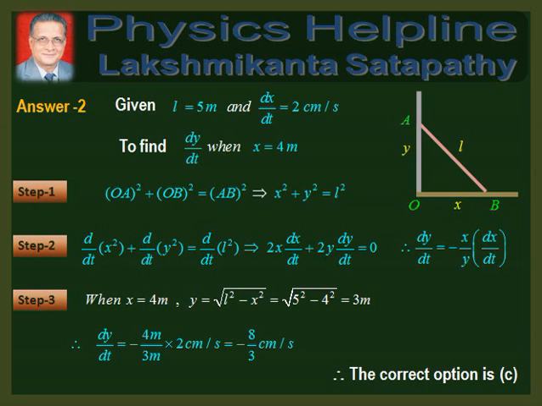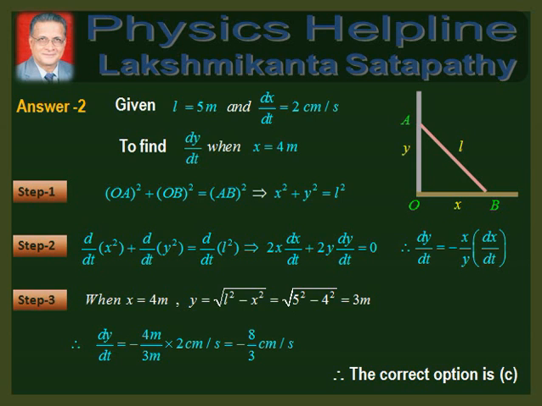In the second step, we differentiate the equation with respect to time, which gives d by dt of x square plus d by dt of y square is equal to d by dt of L square.